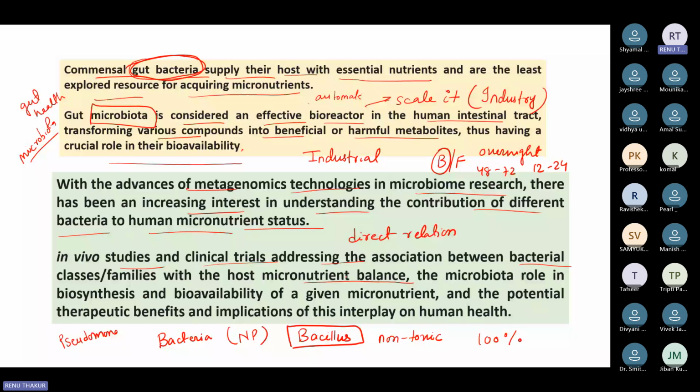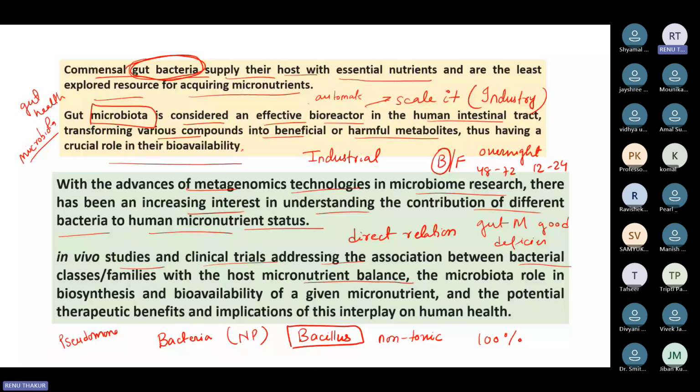If the gut microbiome is good, then no such deficiencies are there. It means they are directly related, they are producing the metabolite, and therefore there is no such deficiency. There is still a lot to be unraveled to tell exactly the mechanism of how the microorganism is responsible for generating a particular kind of metabolite in the person.